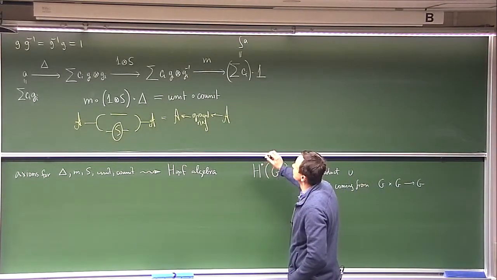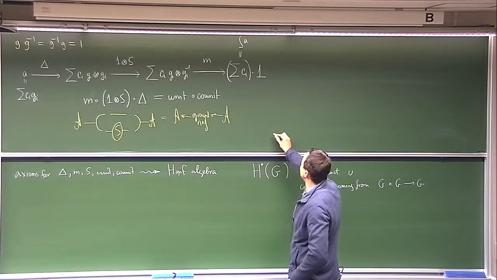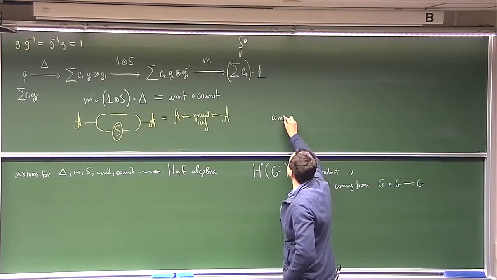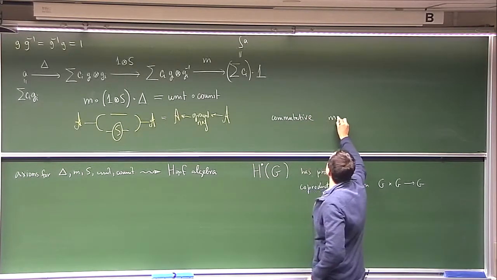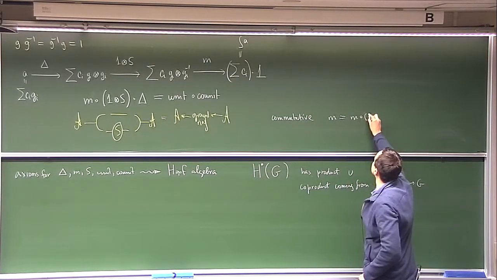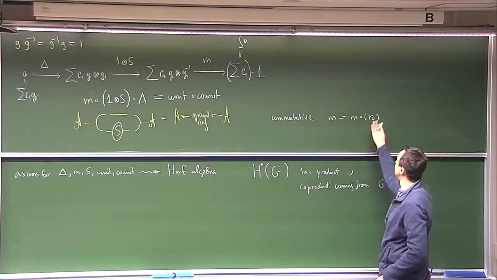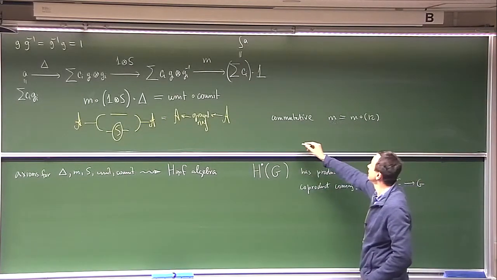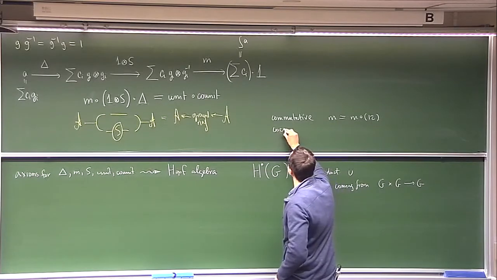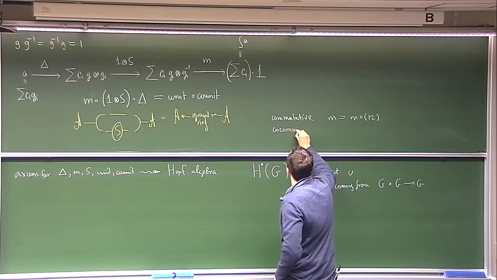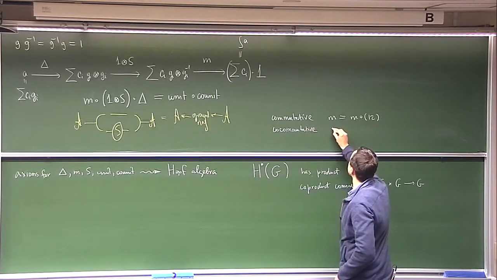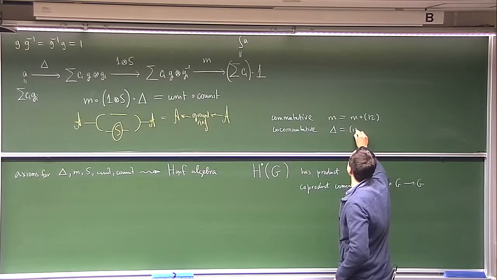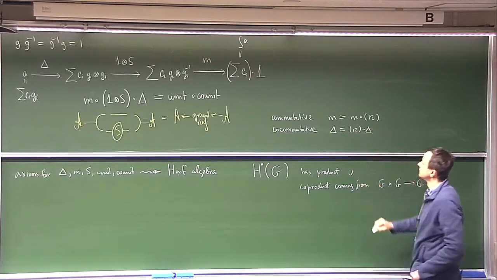Right? So commutative means M is equal to the same thing if you permute the factors: permute the factors, multiply, get the same thing. And then there's the notion of co-commutative, which is when the coproduct is the same as you permute the factors.